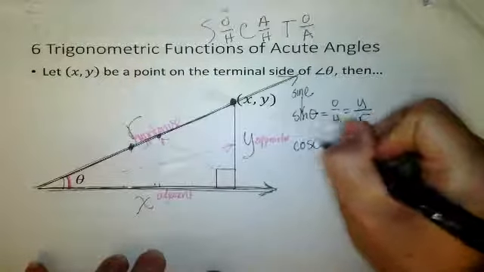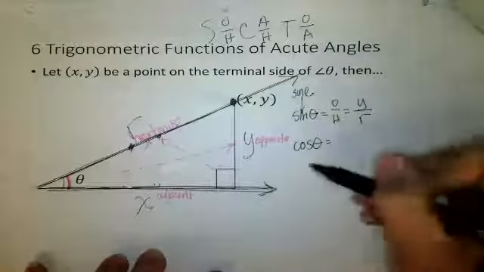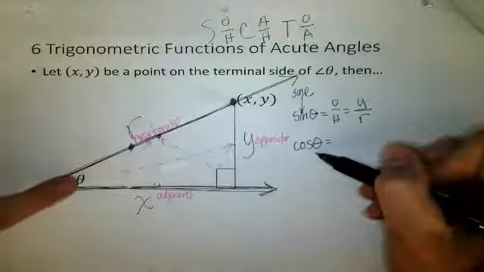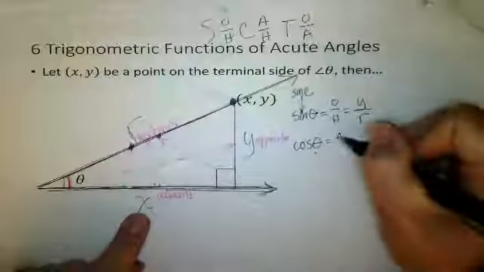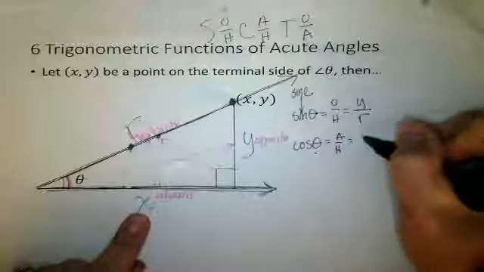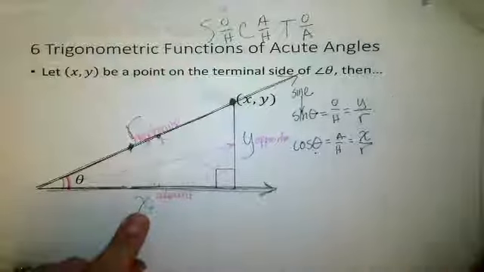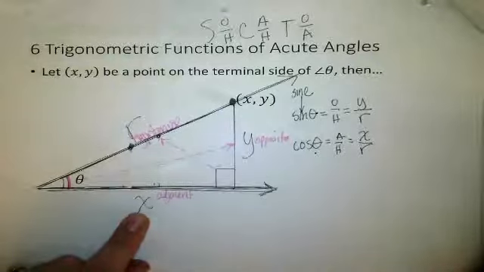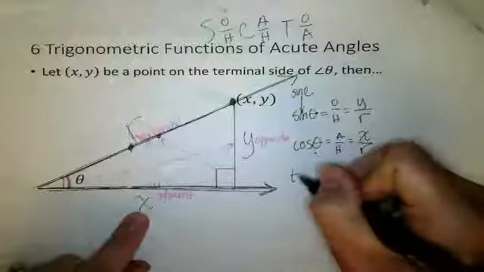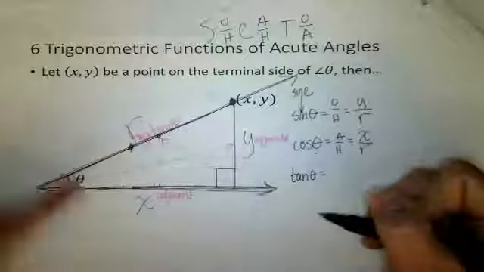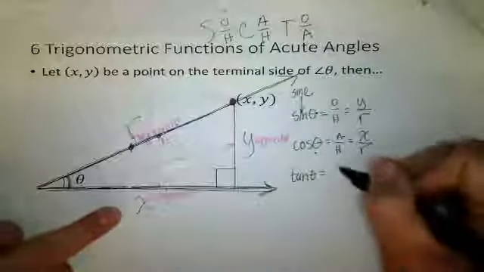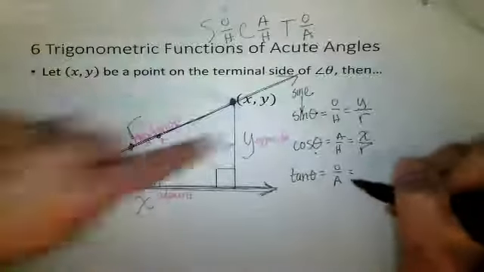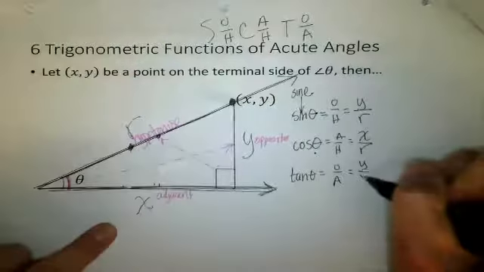Cosine theta. Cosine, according to angle theta, is adjacent over hypotenuse, or in our picture, x over r. Tangent, according to angle theta, is opposite over adjacent, or y over x.